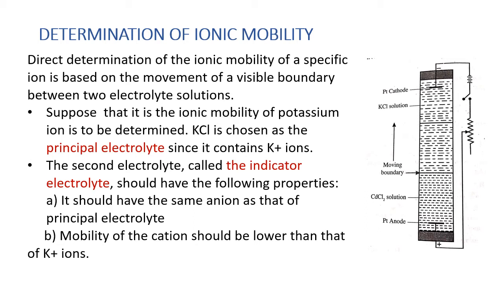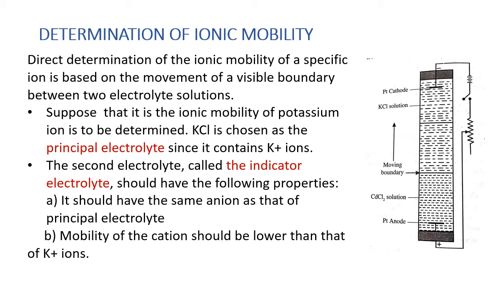And the experimental setup is shown in this figure. Here KCl is the principal electrolyte, and CdCl2, cadmium chloride, satisfies both conditions because it contains Cl minus ions and it contains Cd2 plus ions, which is slower compared to K plus ions. So this is a glass tube of uniform bore.